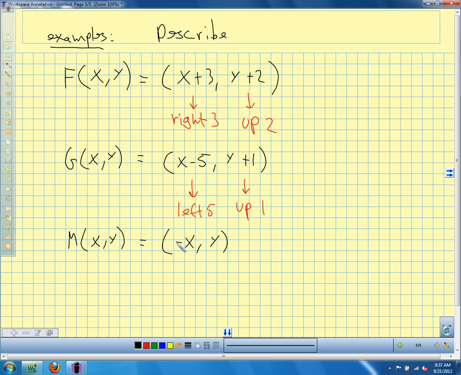Am I adding or subtracting anything from the x coordinate? Is there a number here? There's not a 1 there. If I put a 1 there, I'd have it like that. So what did I do to the x? I changed the sign. I made it negative. So when I change the sign on the x coordinate, what does that do to the point?